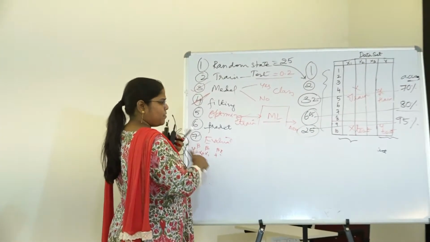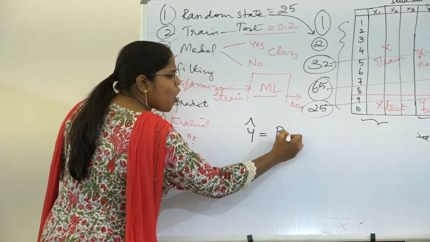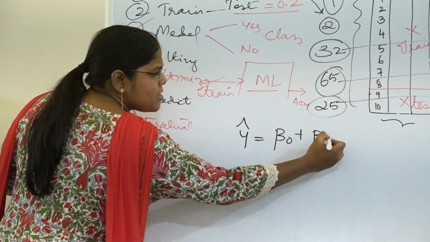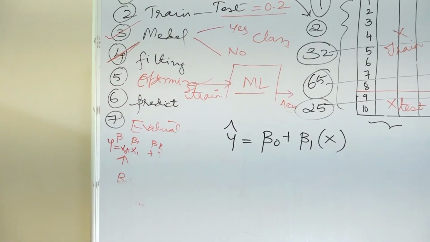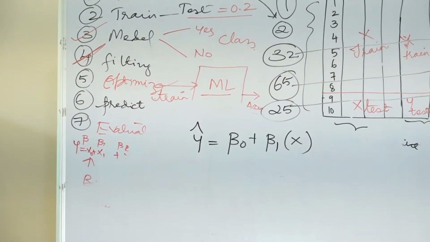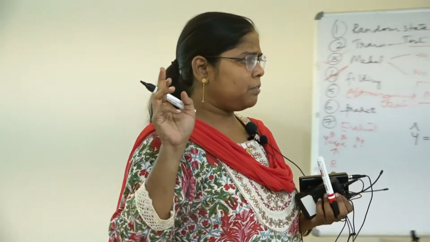When we have y cap is equal to beta naught plus beta 1 of x, x is a feature. Now, it is in which dimensions? Single dimension, and x is also a single feature.